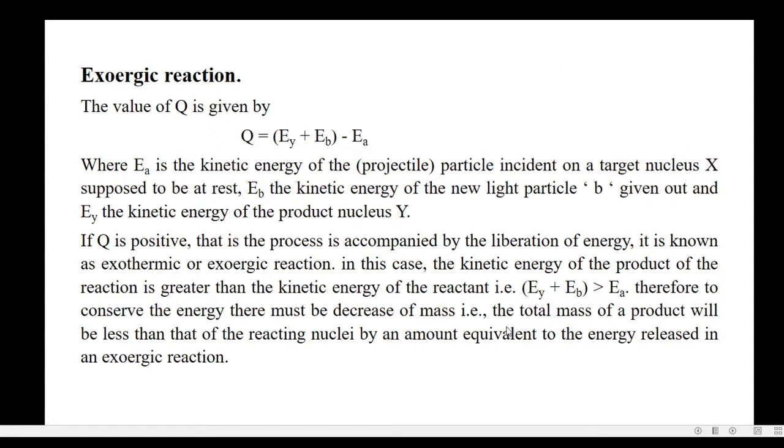The decrease of mass is converted into energy. That is, the total mass of product will be less than that of reactant nuclei by an amount equivalent to energy released in an exergic reaction.